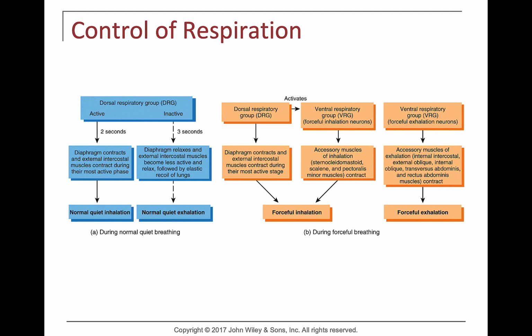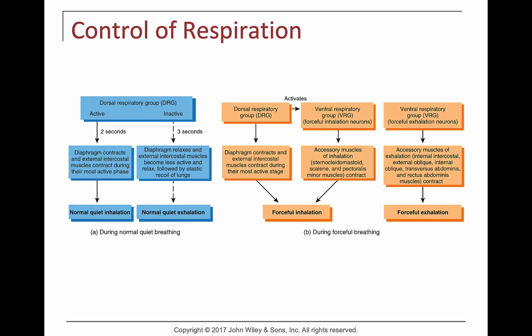But if we're doing forceful inhalation, in addition to the external intercostals and the diaphragm, we are also going to have to recruit some of those muscles that pull up those ribs 1 through 5, like the sternocleidomastoids, scalenes, and pectoralis minors. And then we're going to recruit our VRG to do that. So both the DRG and the VRG are involved in forceful inhalation.